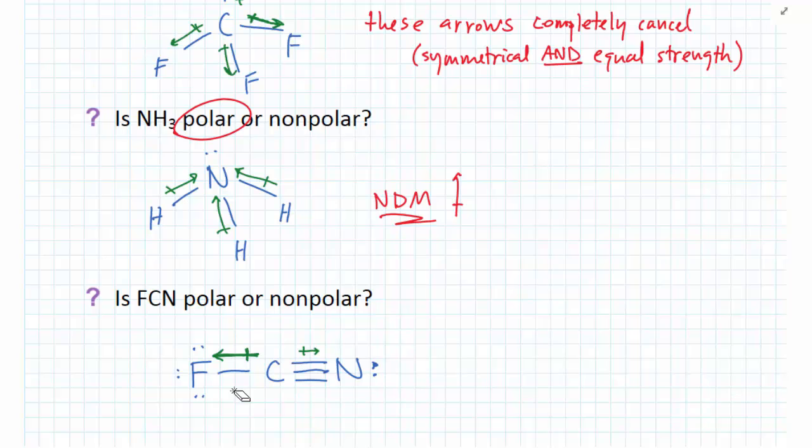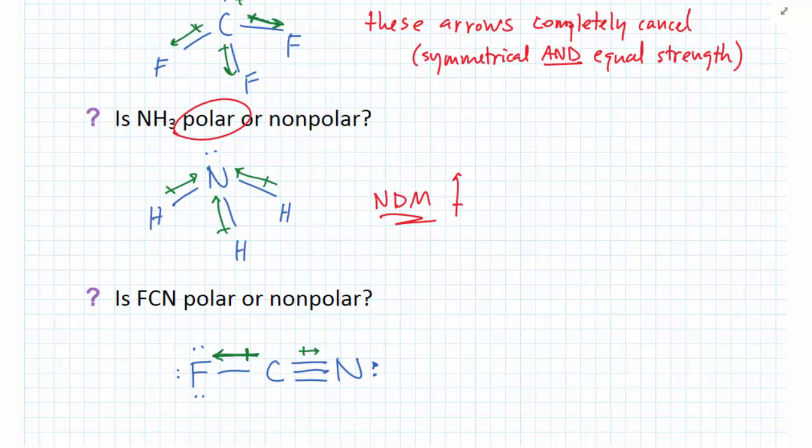So F and C, they're farther apart from each other than C and N. Okay? N is here, C is here. So the difference in strength is greater between F and C. There's a greater disparity, it's more unequal in there. So I drew a big arrow over here. I drew a little arrow over here.